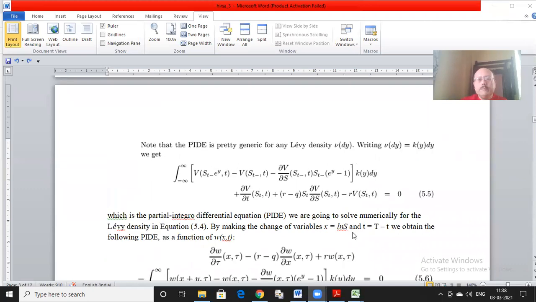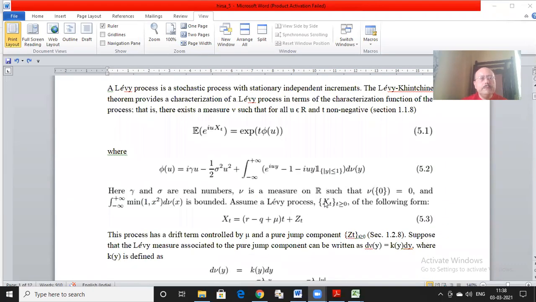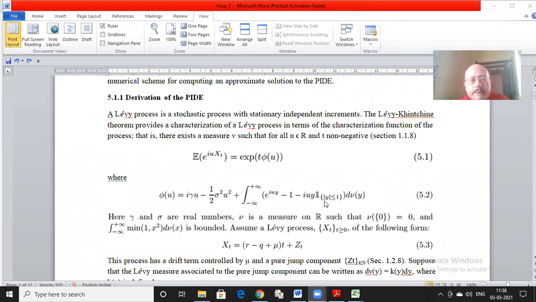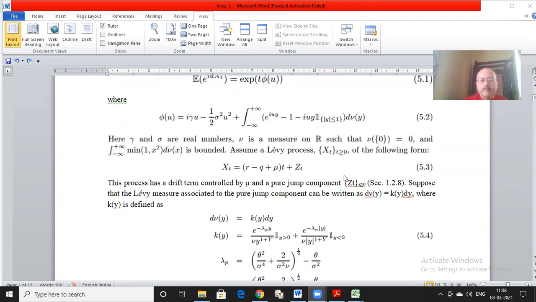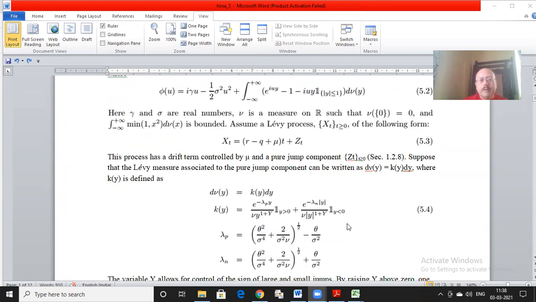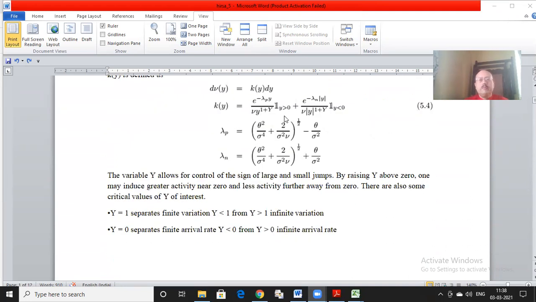Okay, so let us go back to the beginning. We started out with this setting of the Levy process driven jump in stock price with mean adjustments as and when required, and an explicit density as in 5.4. We talked about the implication of different values for this capital Y parameter.